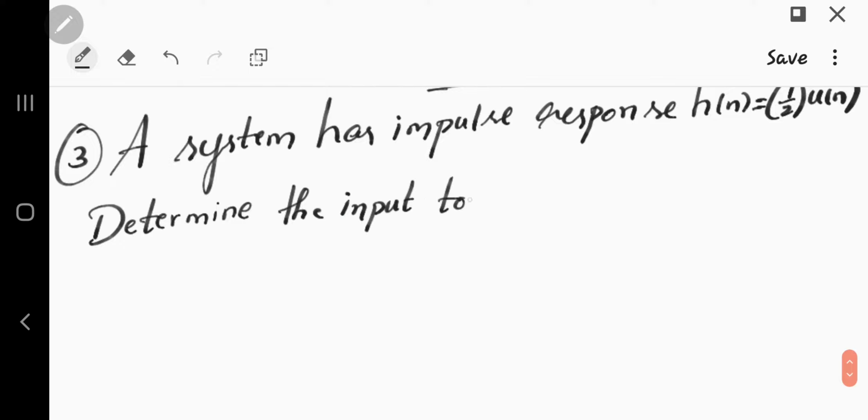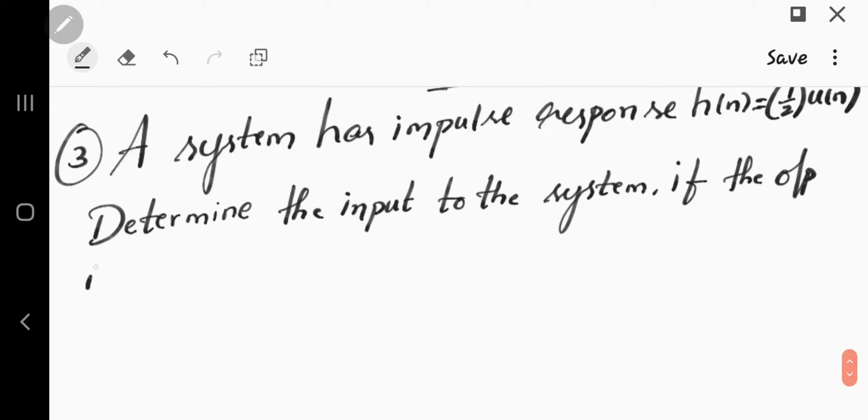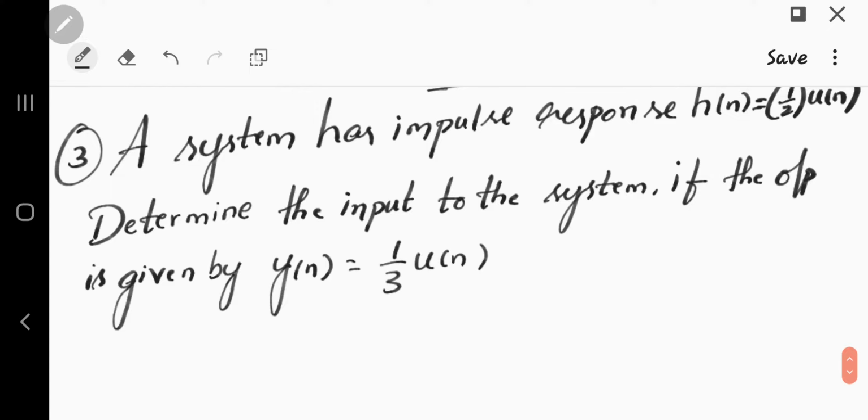Determine the input to the system if the output is given by y of n equal to 1 by 3 into u of n plus 2 by 3 into minus 1 by 2 to the power of n into u of n.